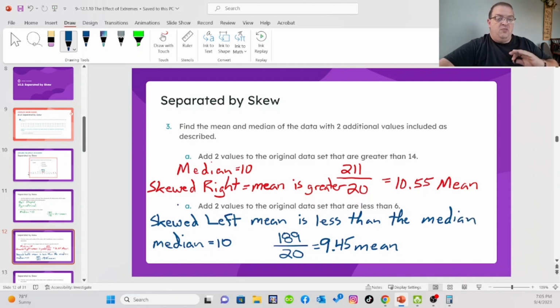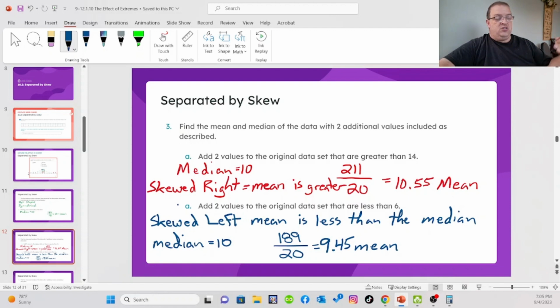So that is a very important fact to keep straight because it will show up on your end of unit assessment. You need to understand that if you have skewed data, then your mean is going to follow the tail.